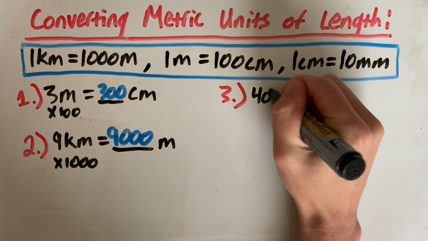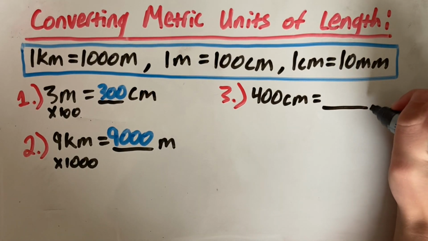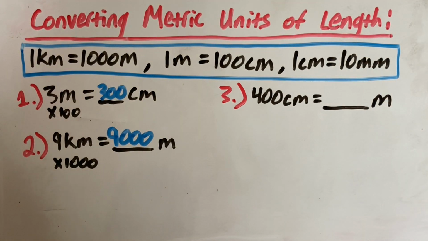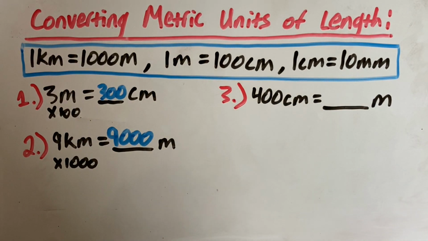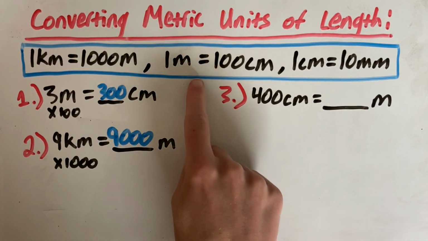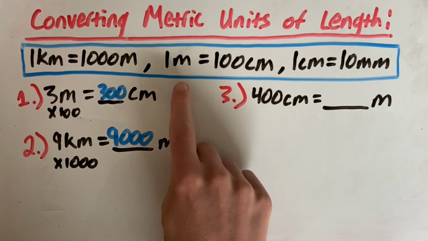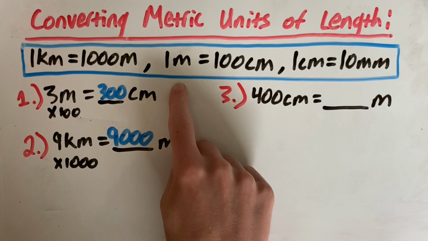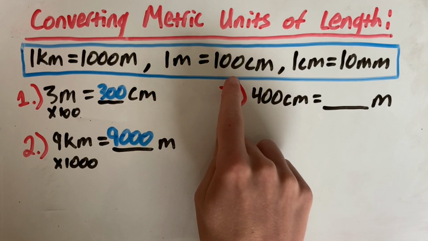For this third example, this one's going to be a little different than the others. We're using centimeters this time. 400 centimeters is equal to how many meters? This one's different because we're going from the smaller unit of measurement, centimeters, to the bigger unit, meters.